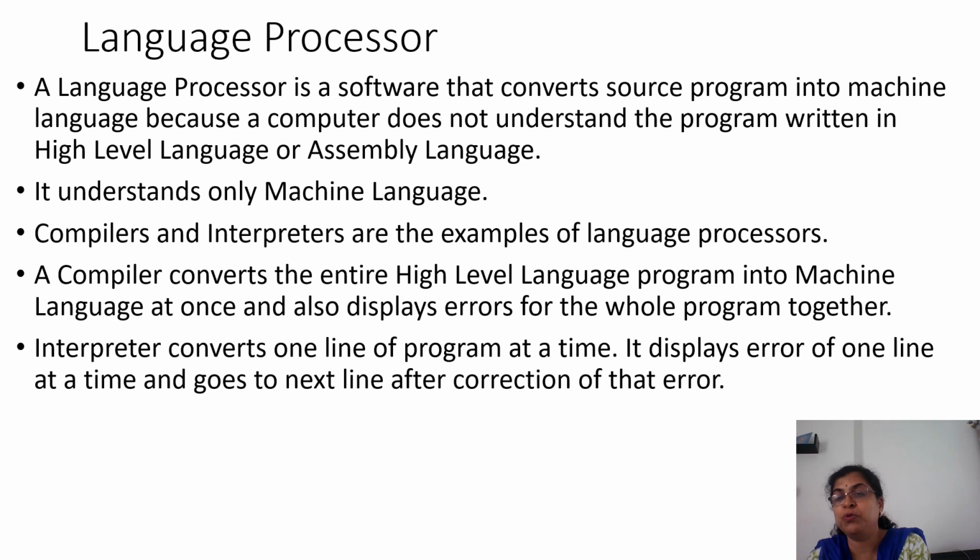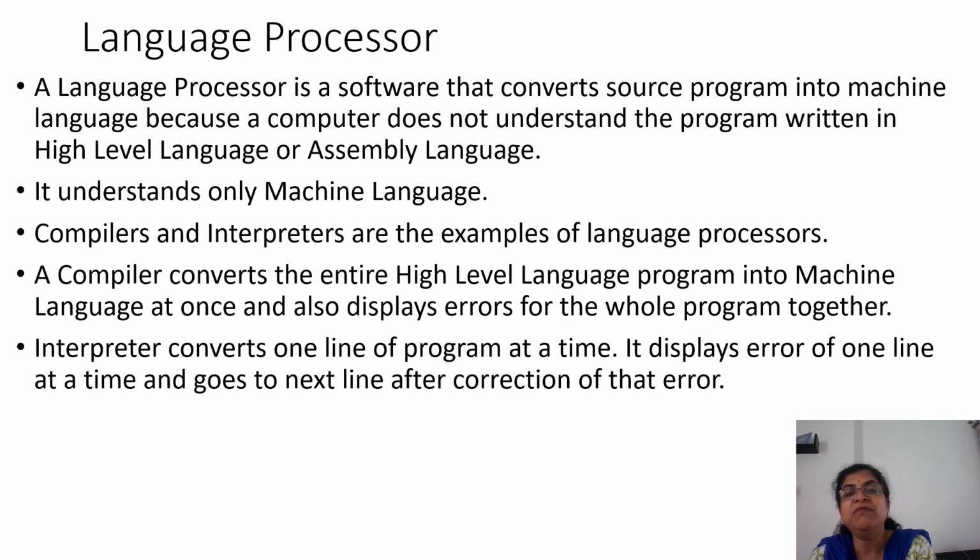Now we will see the language processor. What is a language processor? Language processors are separate programs which can convert assembly language or high level languages into the machine language which the computer understands. Compilers and interpreters are examples of language processors. The compiler converts the entire high-level language program into machine language at once and also displays errors for the whole program together.